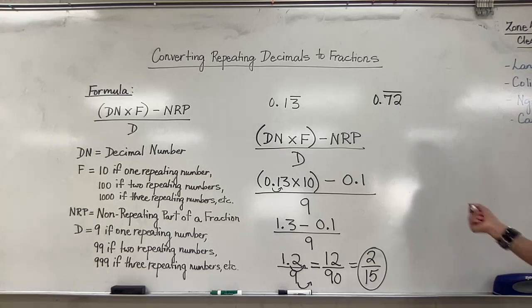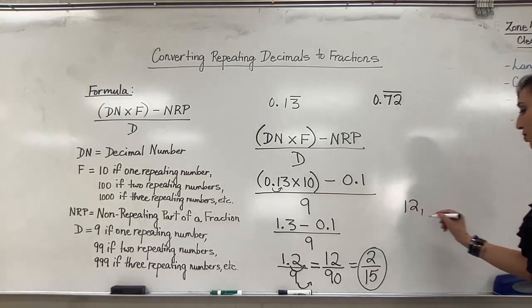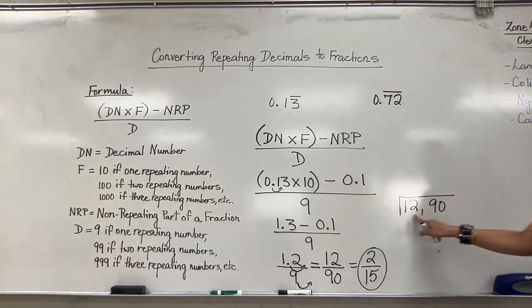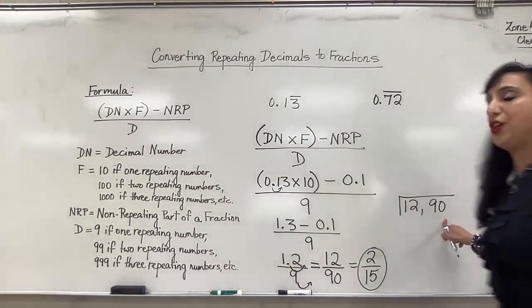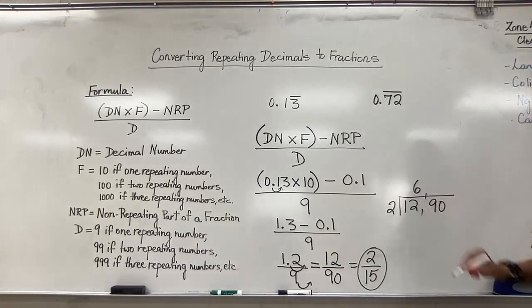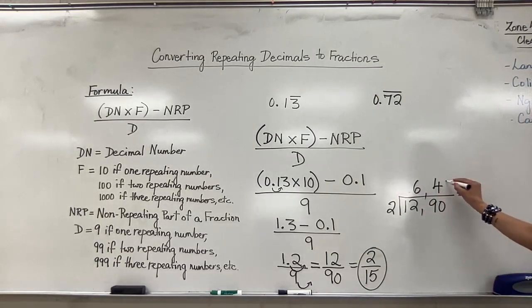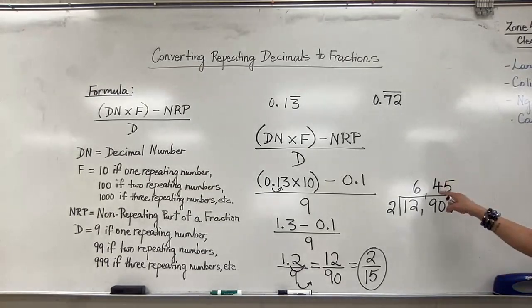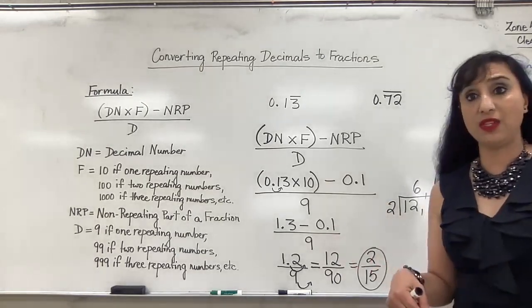I'm just showing you how to do the greatest common factor. I had 12 and 90. I know both of them are even numbers, so they are divisible by 2. So I would get 6 and 45. Knowing my divisibility rules, I know that 45 is divisible by 3 because you add up the digits, which is 4 plus 5, which gives me 9, and 9 is divisible by 3.